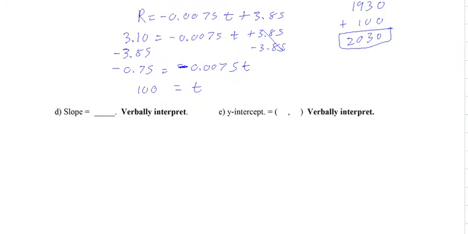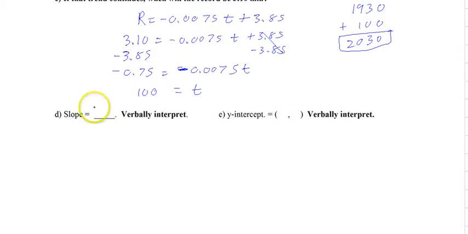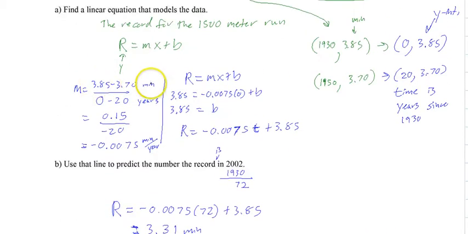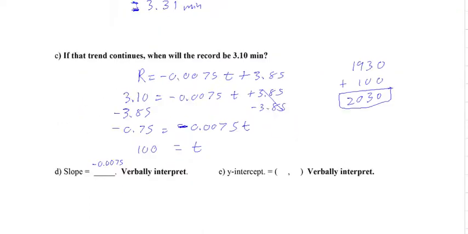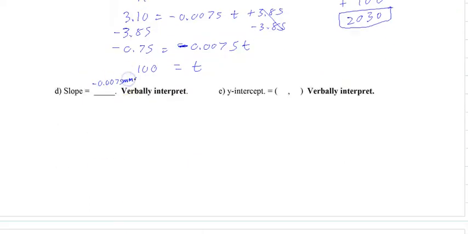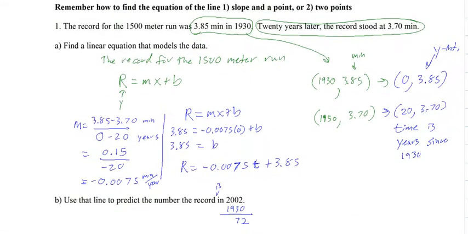Okay. Last question is the slope. So now you have this formula. What does our slope mean? Where we go back up, and I wrote it on there, we did minutes over years. So this is minutes per year. Then we go back and read the whole problem. It's about the record for the 1500 meter run.